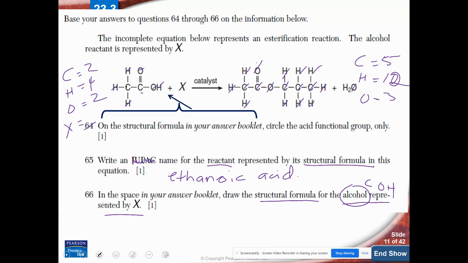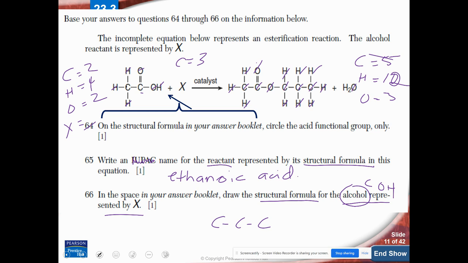I'm sorry, I have 12 hydrogens over there. Okay, so now I have to figure out which one this is going to be. How many carbons do I have different? 3. So I need an alcohol with 3 carbons. Okay, so that's going to help me figure out the carbons. I need 3 carbons. So my carbons will equal 3.